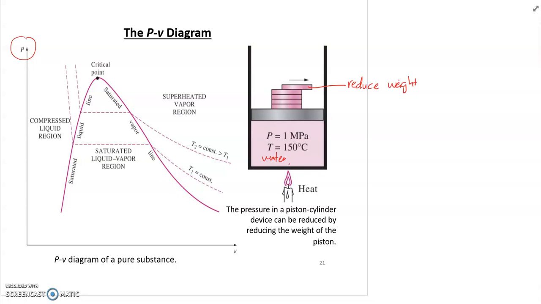When P reaches the saturation pressure value at the specified T, the water will start to boil. Water will start to boil here, and during the vaporization process, both pressure and temperature remain constant, but the specific volume will increase.